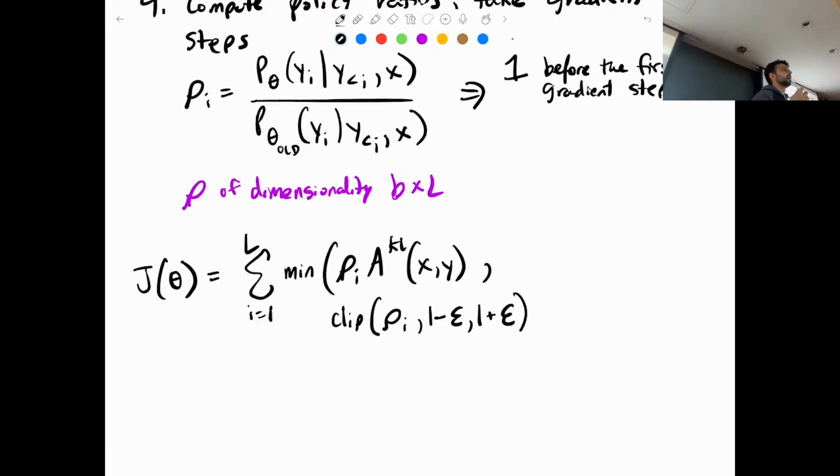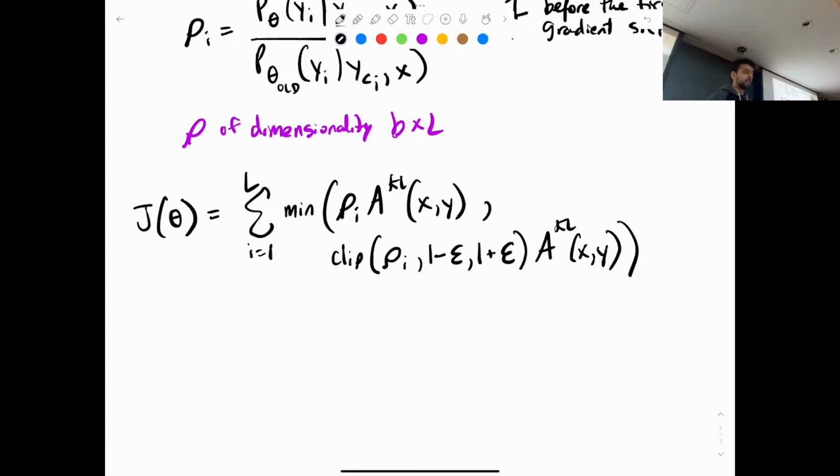This epsilon is generally set to something small like 0.1 or 0.2, which means that if our policy ratio ever falls outside of some range like 0.8 to 1.2, then it gets clipped to continue to be in that range, and we will multiply this by, again, this term here. Yeah, that's our final contribution to the loss, just written out for one particular example in the batch.